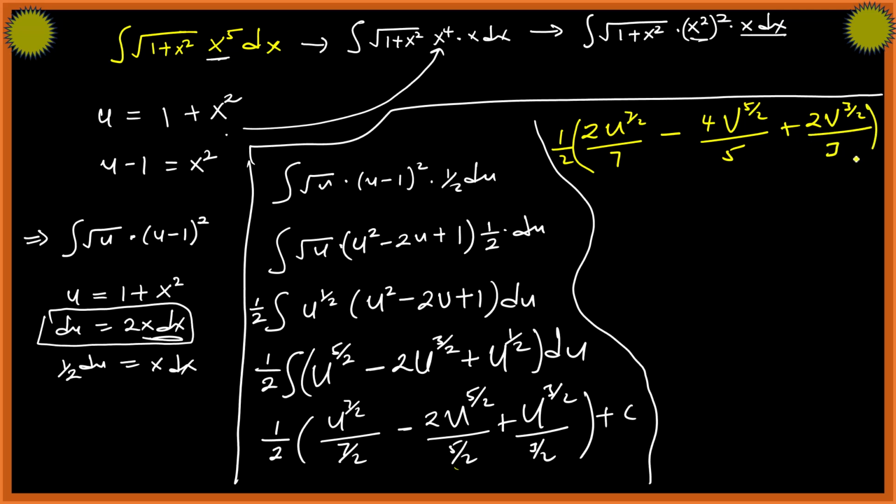So half times that, the 2s cancel, and I will have u raised to 7 on 2 over 7. Half times 4 gives 2, so minus 2u raised to 5 on 2 over 5. Times half, the 2s cancel, and I will have u raised to 3 on 2 over 3, plus c.